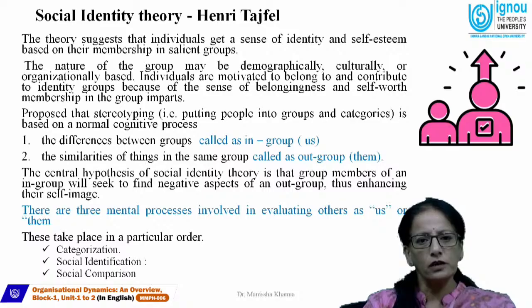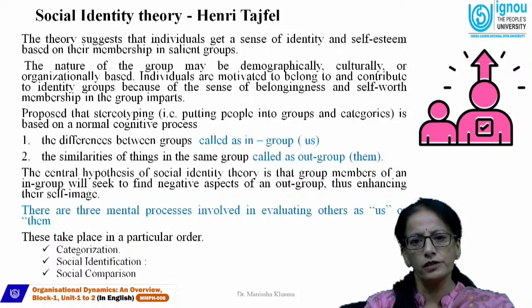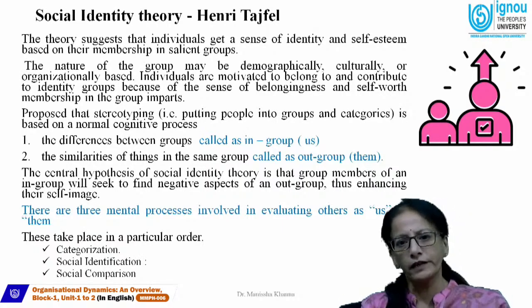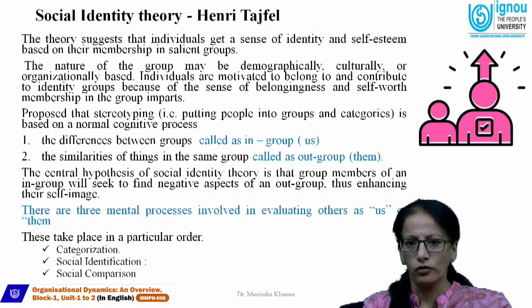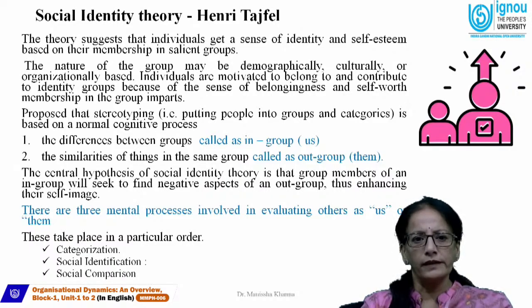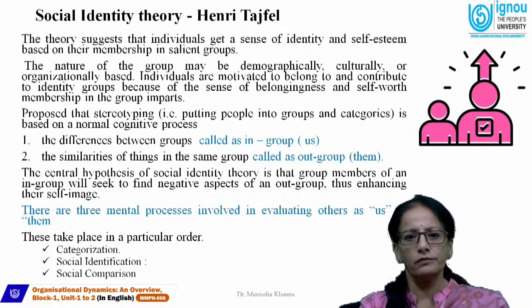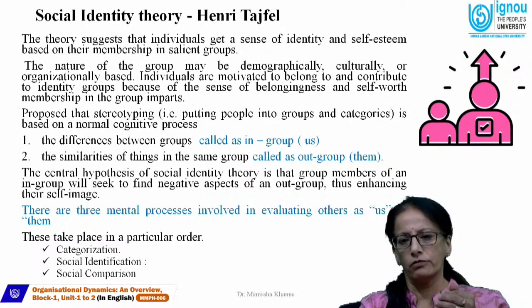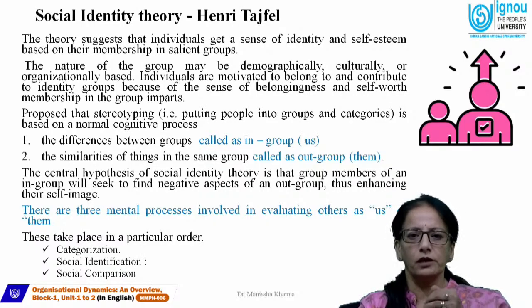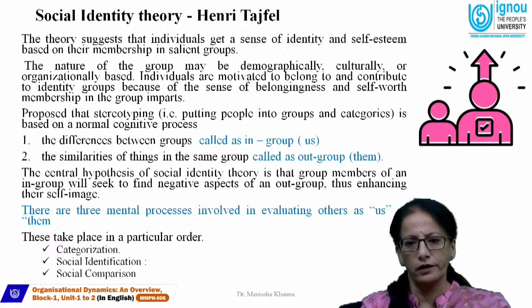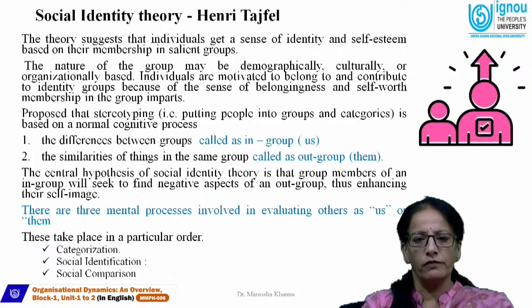So the central hypothesis of social identity theory is that group members of the in-group will seek to find negative aspects of the out-group, and thus enhance their self-image, because here it is all about the distinction between the in-group and the out-group, how the differences and the similarity of things are defined to enhance the self-image of the particular group.